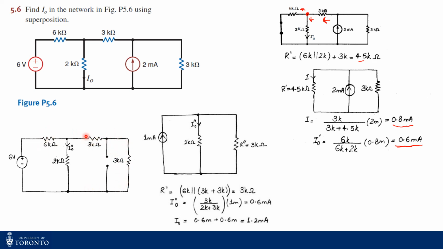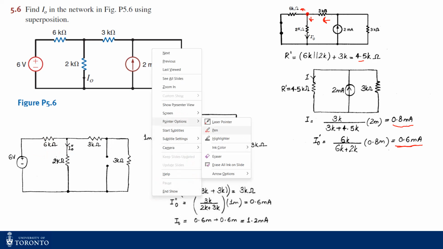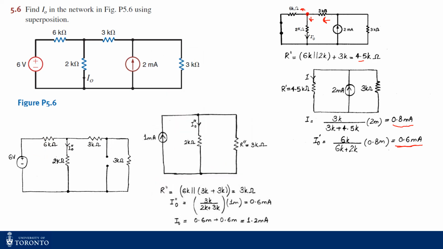So these 6 kilo ohms and these 6 kilo ohms should be in parallel, right? Should be in parallel with the current source. If you do the source transformation, it should be something like this. You have the current source and it should become 6 kilo ohms like this, right?